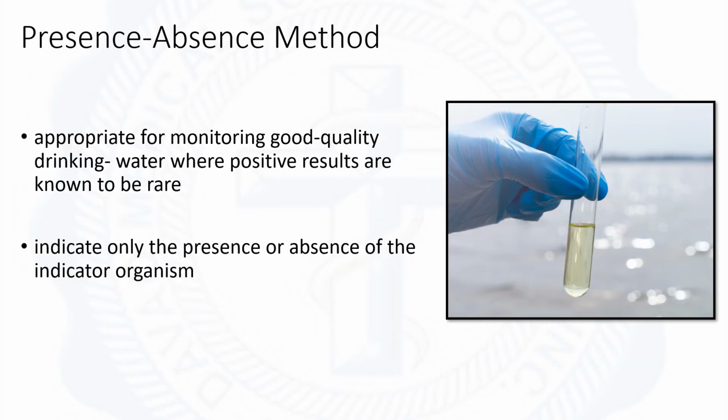The last technique to be discussed is the presence-absence method. The presence-absence test, class, is much more appropriate for monitoring good quality drinking water where positive results are known to be rare. So it is not quantitative, and as the name suggests, the method only indicates the presence or absence of your indicator organisms.